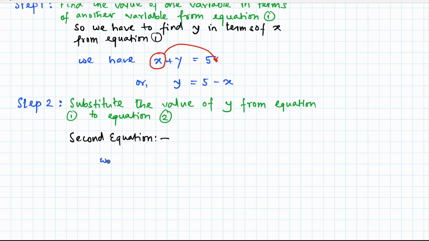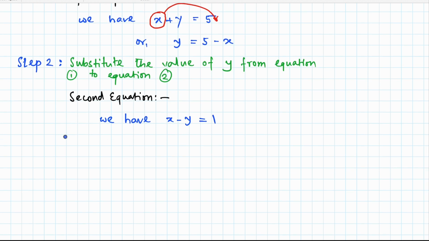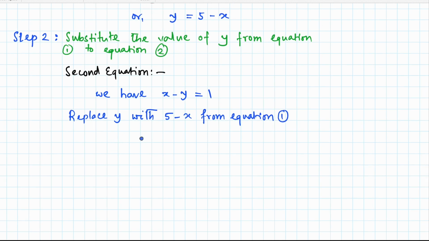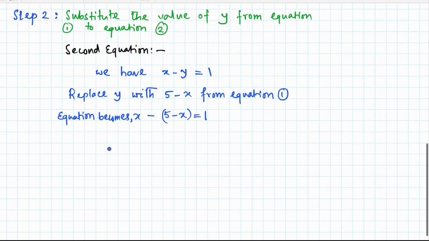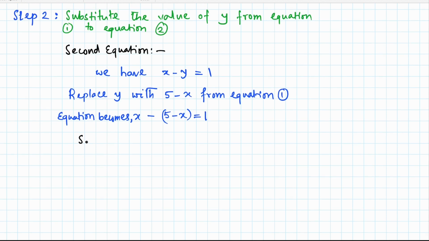The second equation is x minus y equal to 1. So now replace y with 5 minus x from equation 1. So x minus (5 minus x) is equal to 1. So this is the equation, x minus (5 minus x) equal to 1. So we are replacing y in the second equation with 5 minus x.